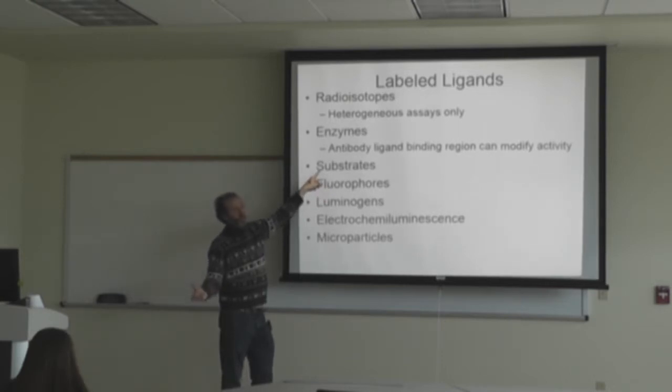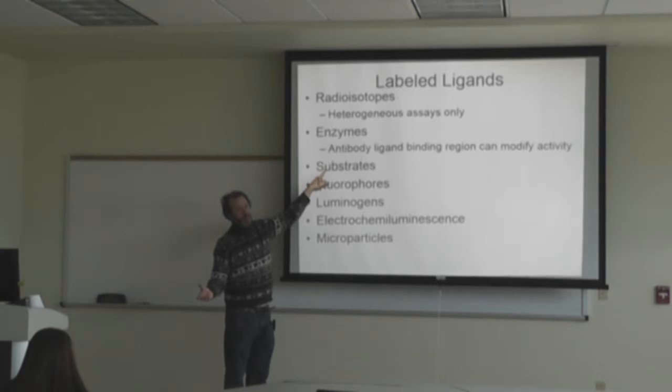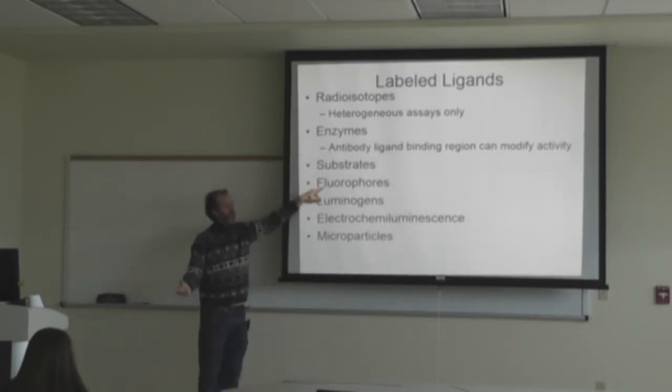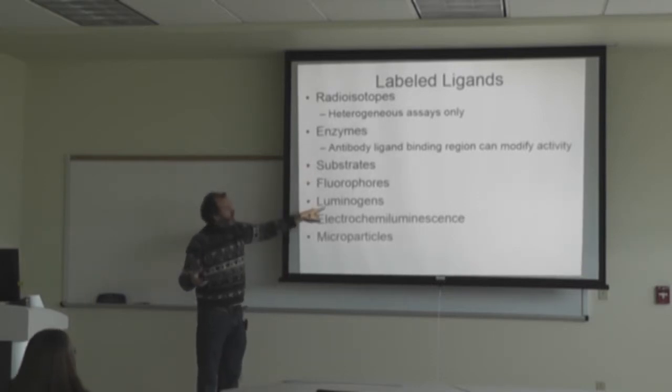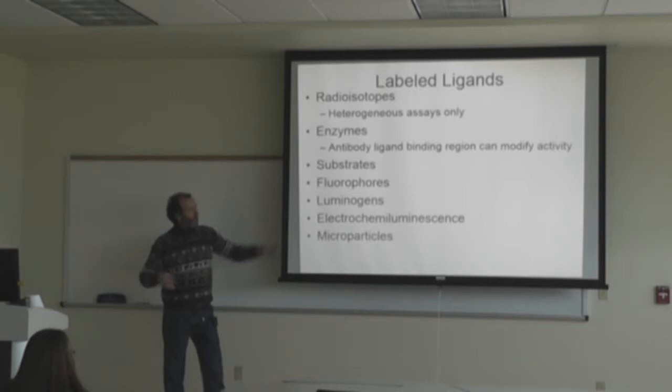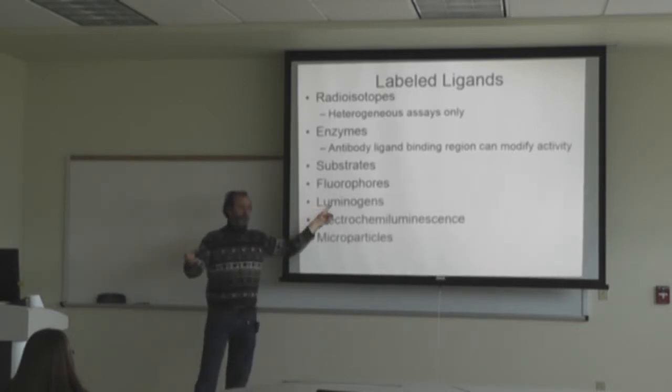Substrates, if you have it labeled with a substrate, you're using some kind of enzyme to break down that substrate into a color of some sort. So that's sensitive also. Fluorophores are going to be less sensitive because you're not amplifying any kind of signal. I guess the substrates, you're not going to really amplify any signal like you would if you're just using a labeled enzyme. Luminogens are pretty sensitive. That's because that's light produced due to some chemical reaction, right?